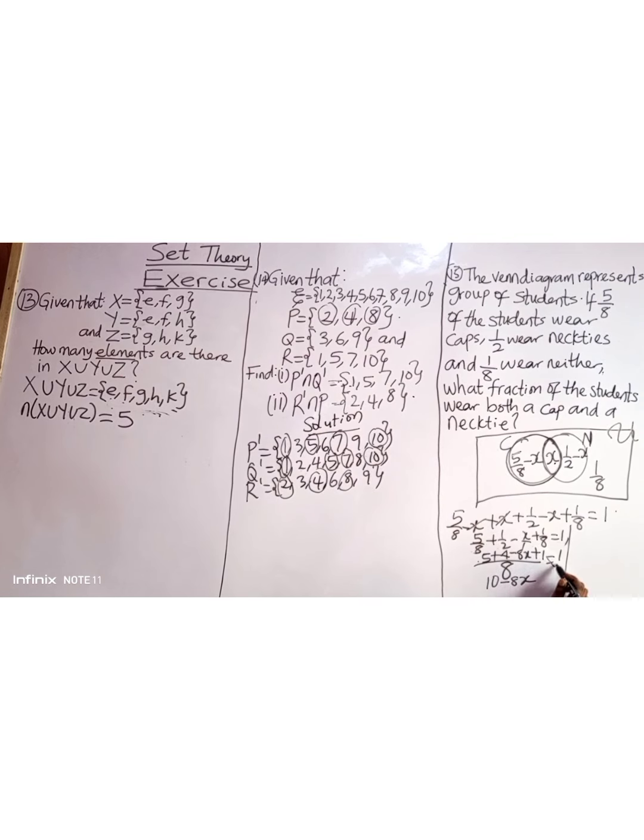So cross multiplying gives 8 multiplied by 1 is equal to 8. So from here, let's make minus 8x the subject, is equal to 8 minus 10. So minus 8x is equal to minus 2. So divide both sides by minus 8.